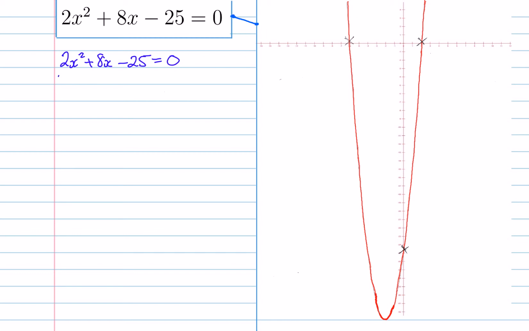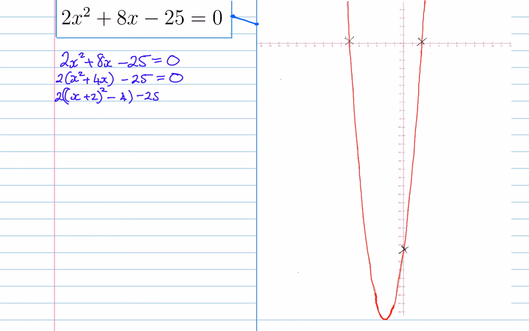So this then gives us 2 upon x squared + 4x - 25 is equal to 0. Now we'll complete the square for this bracket. That gives us 2 upon (x + 2) all squared - 4.